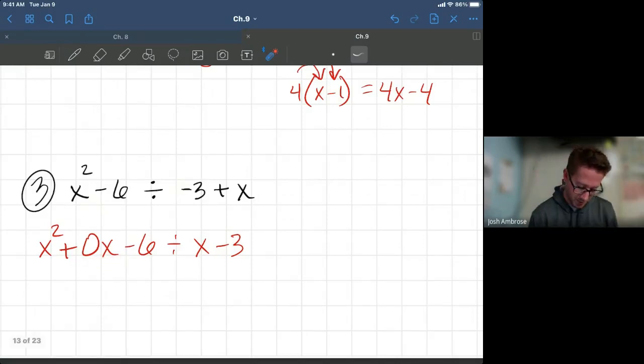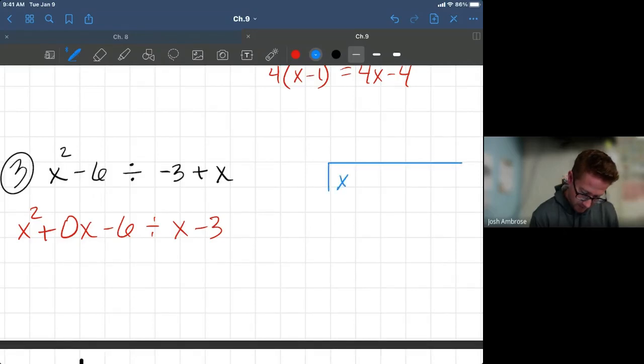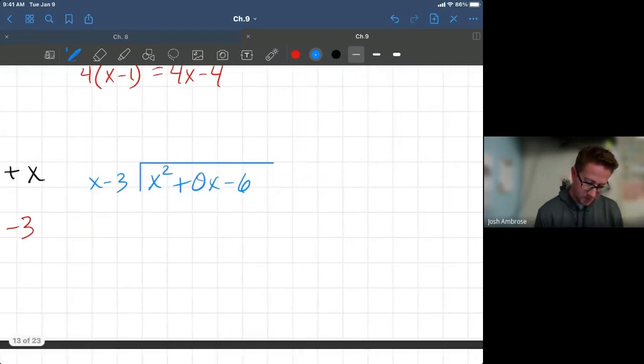Let's work the problem out here. All right, x squared, 0x minus 6, x minus 3. Okay, let's go through our steps. We'll go a teeny bit faster. If you want to see it slower, go back, check out 1 and 2, but these steps are all the same.